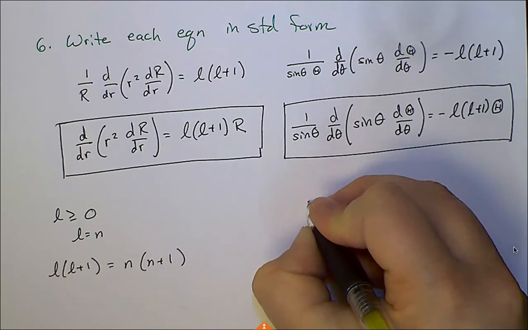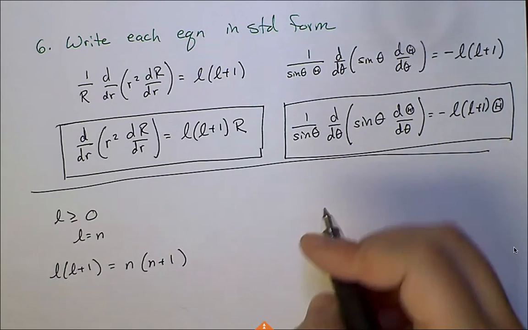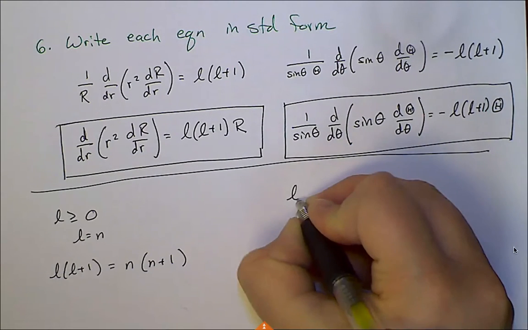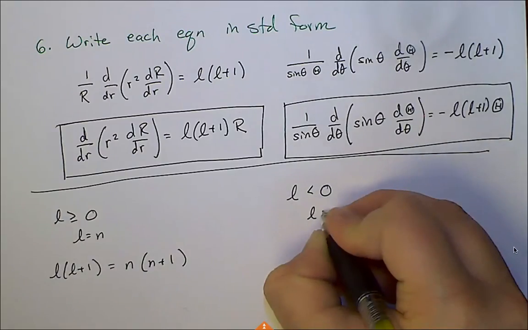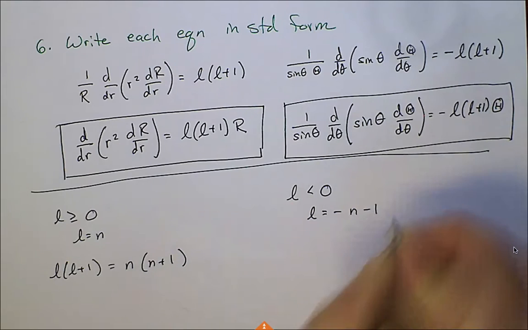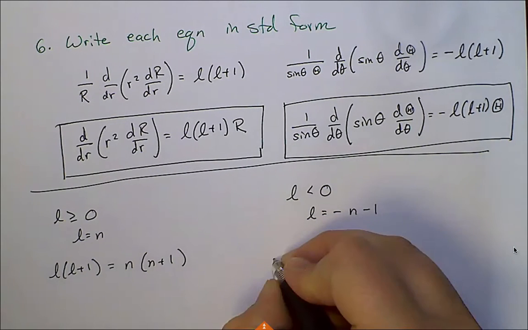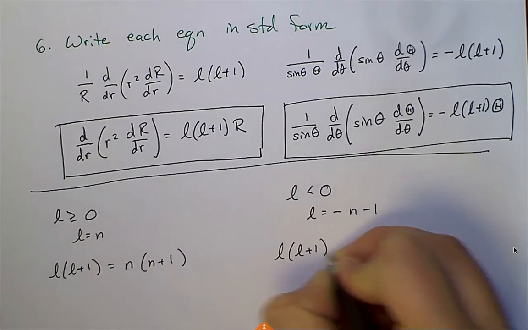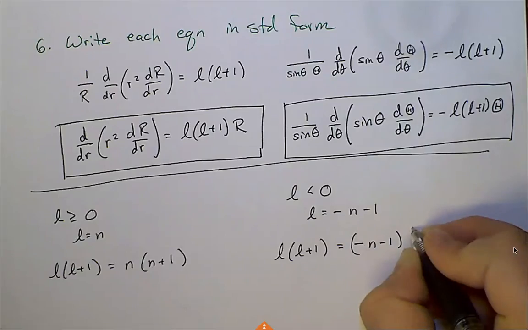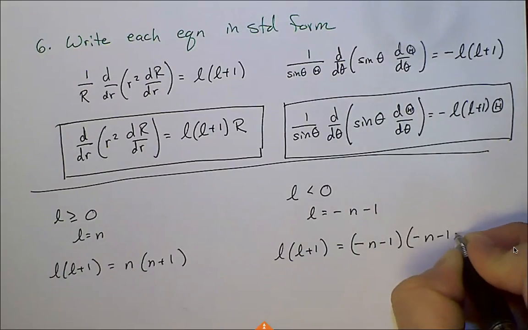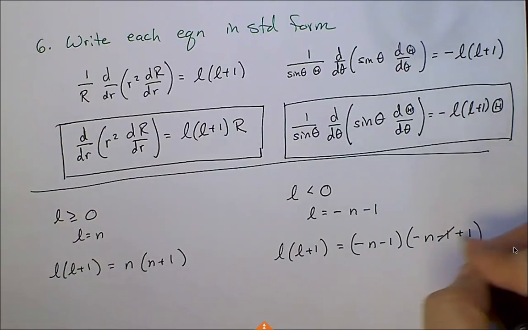Now the second case is what if L is less than 0? In this case, let's write it as L equals minus n minus 1, where n is some number. Then L times L plus 1 is going to be minus n minus 1 times minus n minus 1 plus 1.